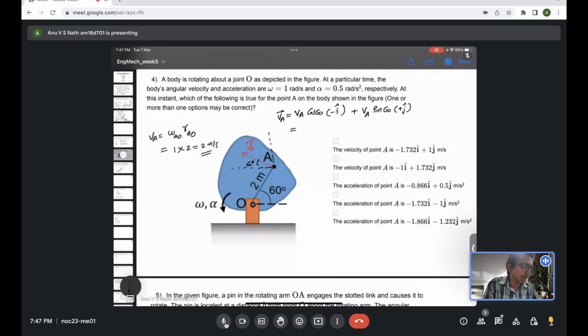Evaluating, velocity of A is 2 times cos 60, which is 1 by 2, minus i cap, plus 2 times sin 60, which is root 3 by 2, times plus j cap. So the answer will be minus i cap plus root 3 j cap. So option B is correct.